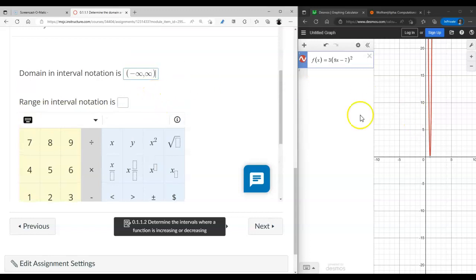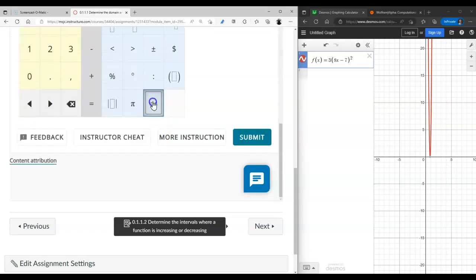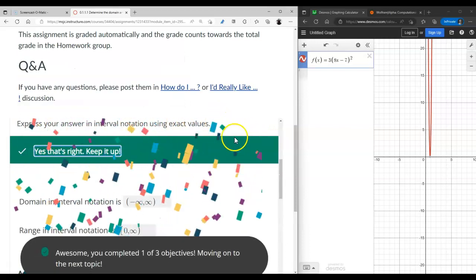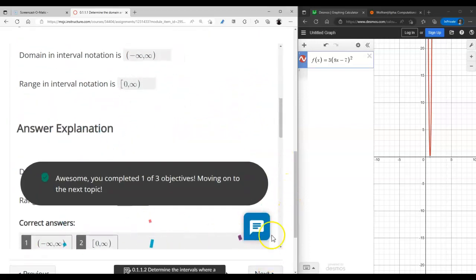And the range, here you can clearly see that the range is from 0 all the way to infinity. And we finished this homework.